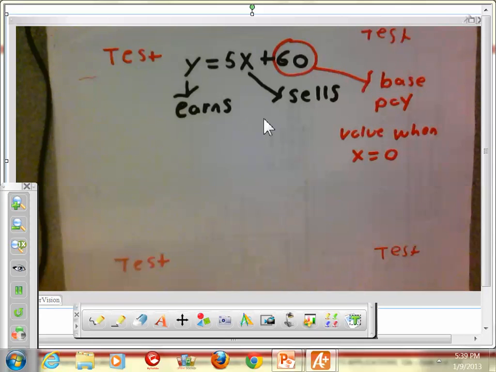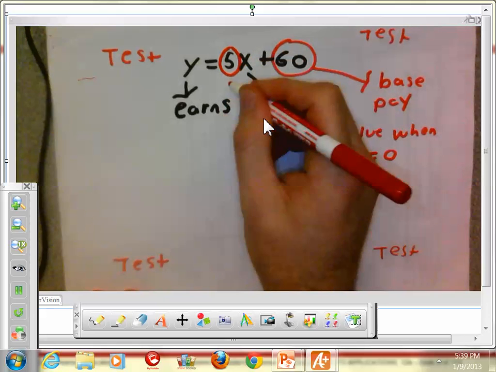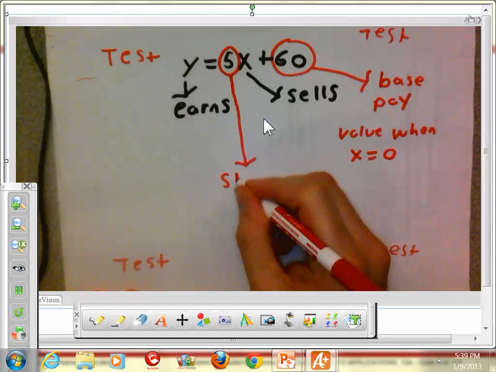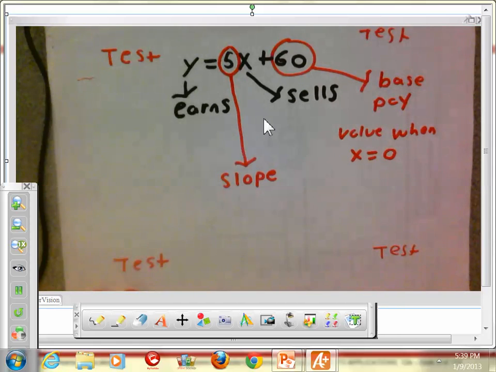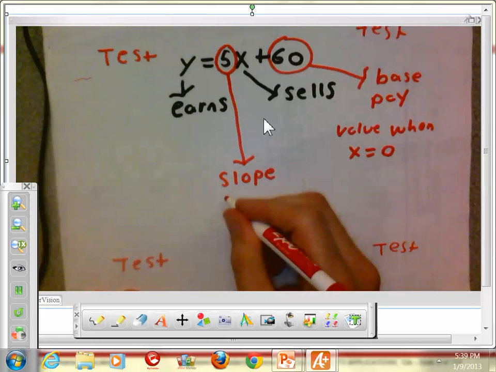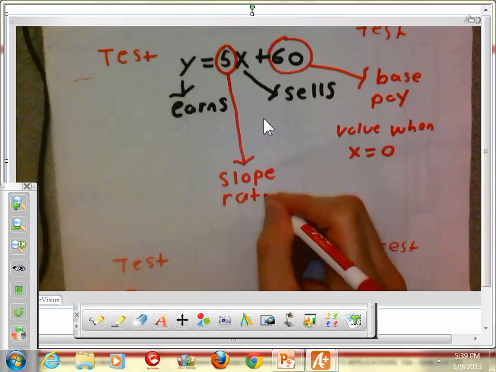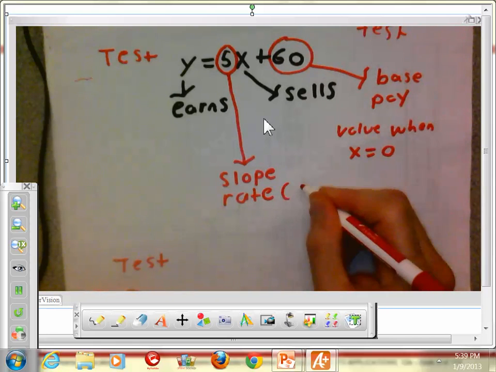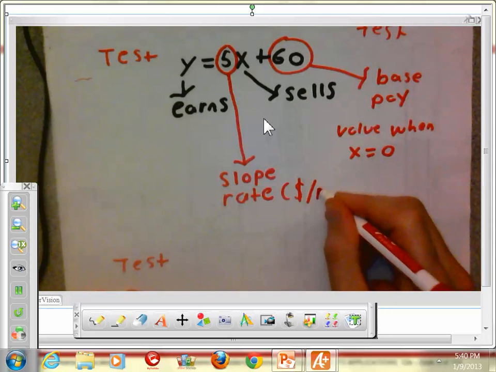Now, this over here, the 5, this is going to be the slope of the line, if we're talking strictly about a line. If we're talking about an application, it's going to be a rate. In this case, the units are going to be dollars per item sold.